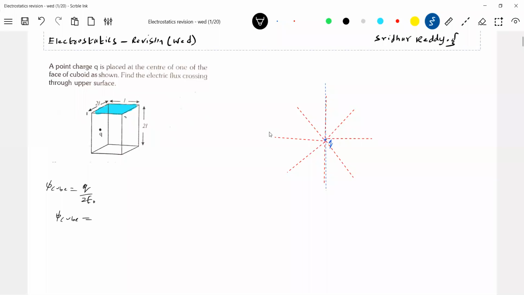Definitely I think I should give numbers 1, 2, 3, 4, 5, 6, 7, 8. It is 4 times the flux shared by 1, 2, 3, 4 plus 2, 3, 7, 6.